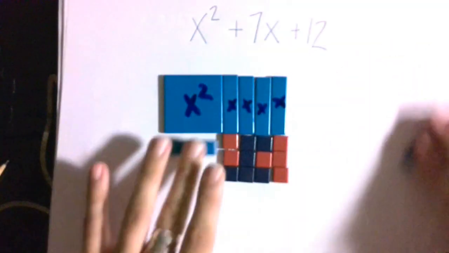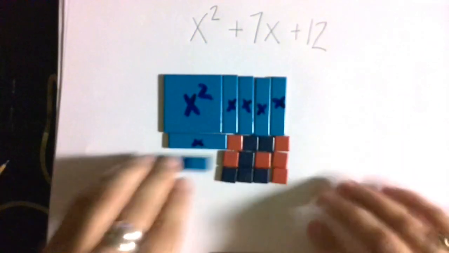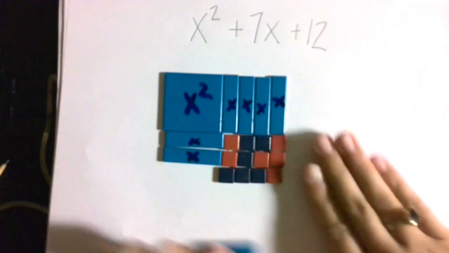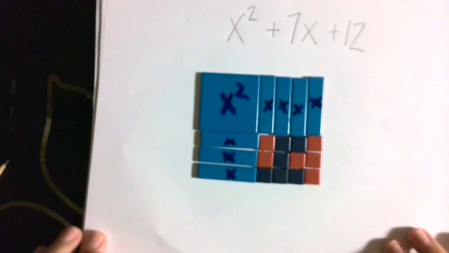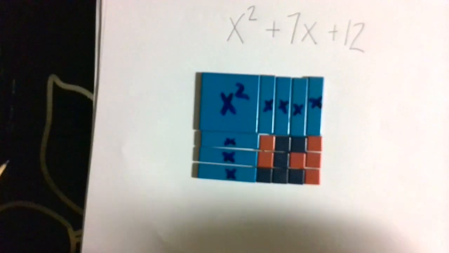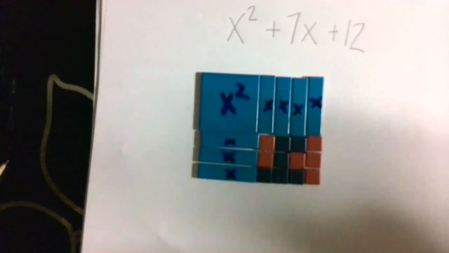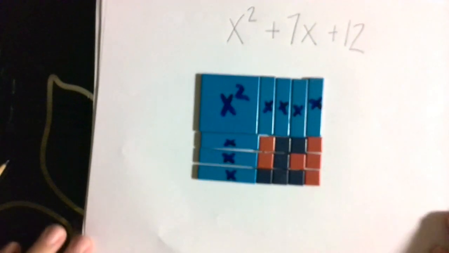And then my other 3 will go over here. And as you can see now, once I have them together, it's a little sloppy, but you can still get the gist that we have this nice rectangle piece here that all fits together. There are no gaps anywhere. So that tells me I'm in the right place.